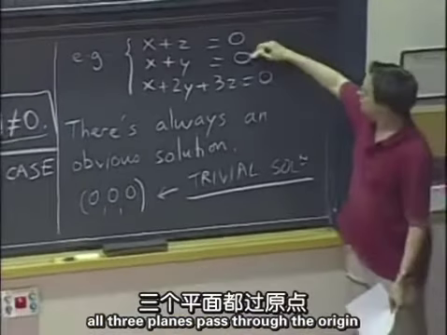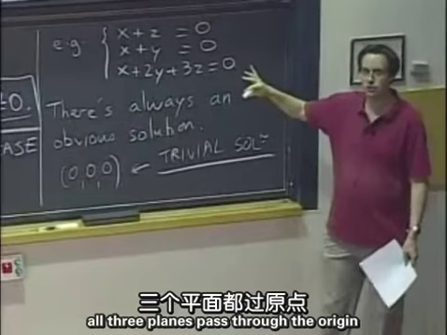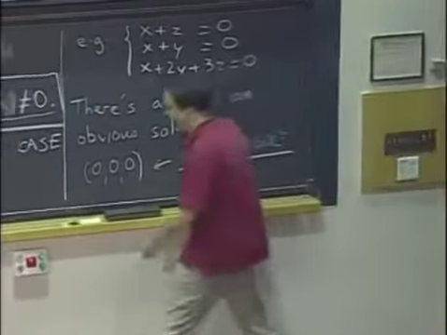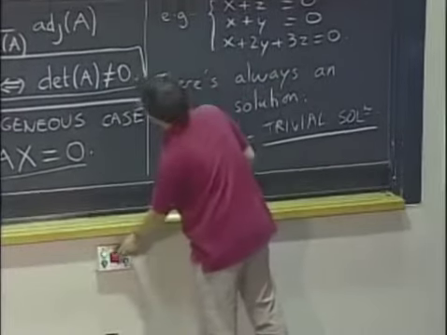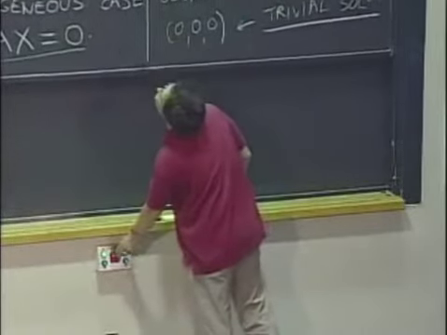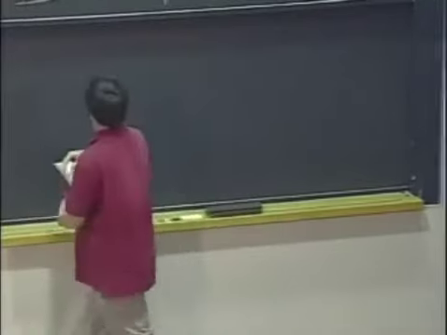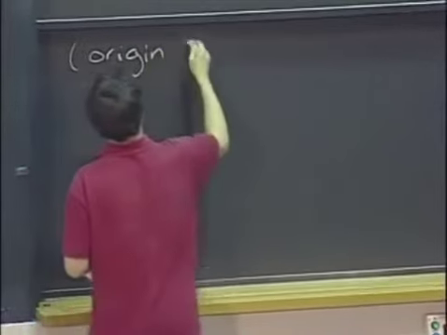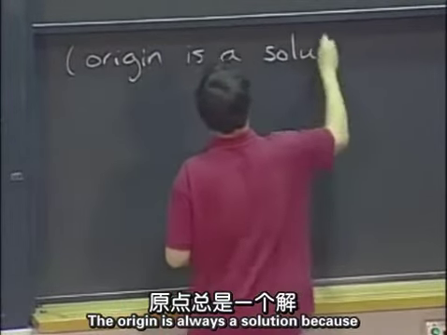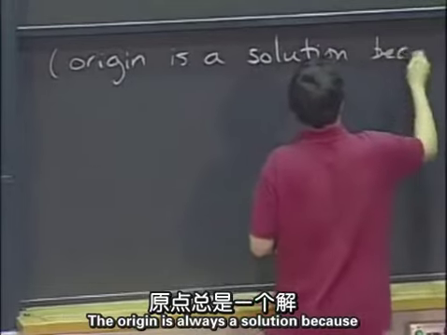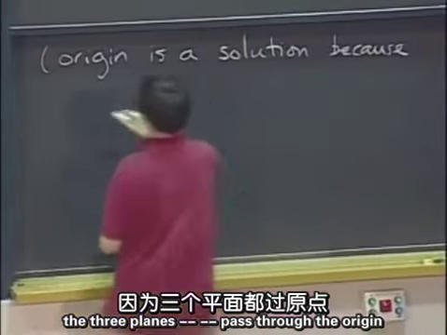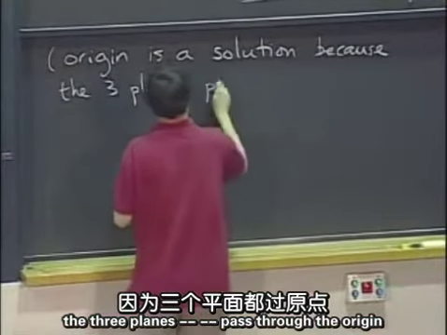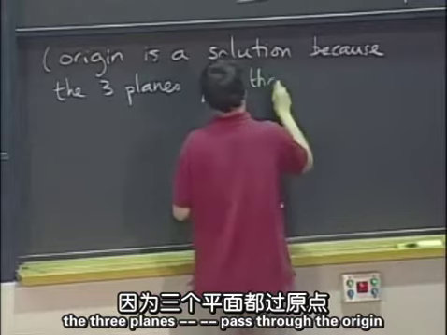Well, having zeros here means that all three planes pass through the origin. So certainly the origin is always a solution, because the three planes pass through the origin.